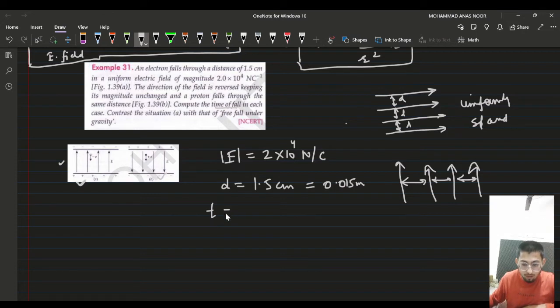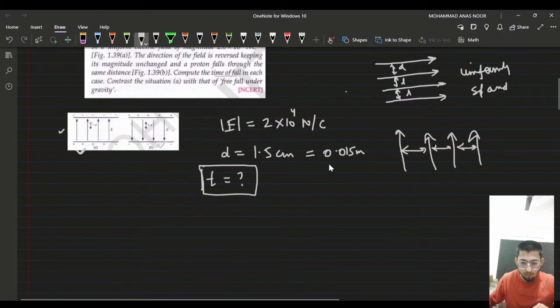That's the question. Since it is accelerating, correct, very good. So we will use the equation s equals ut plus half at squared. First of all, we can invoke this equation. The magnitude of force is mass into acceleration.